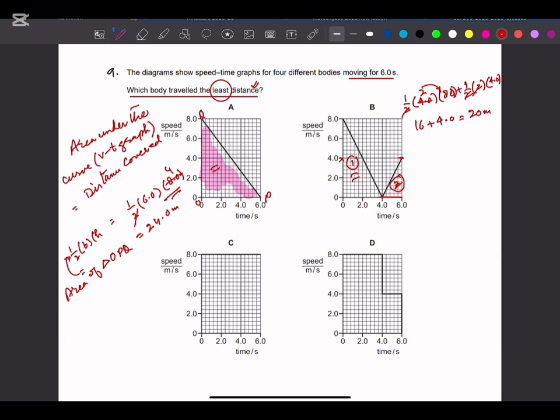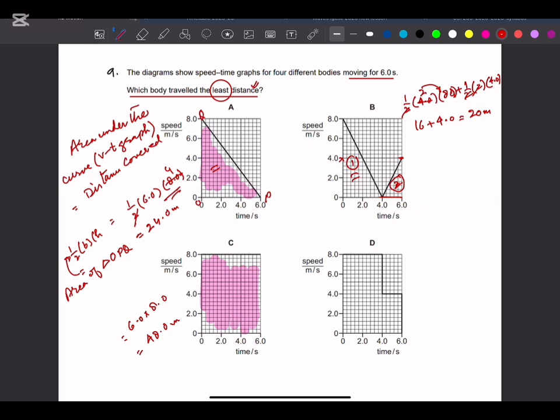Obviously in this case the whole rectangle is your area of consideration. So 6 into 8, and 6 8s are 48. So this is the value over here.